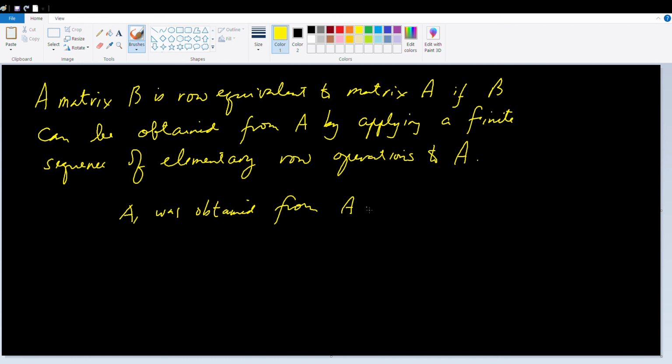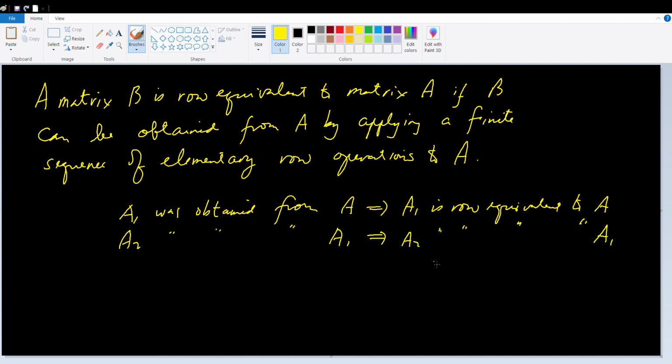So we say that A1 is row equivalent to A. A2 was obtained from A1, so we say that A2 is row equivalent to A1. A3 was obtained from A2, hence A3 is row equivalent to A2, and so on and so forth.